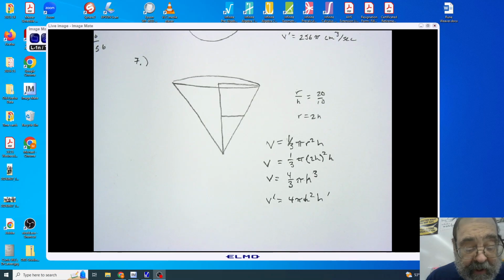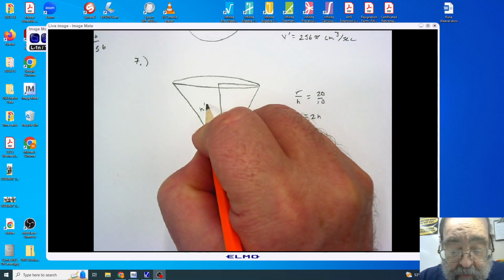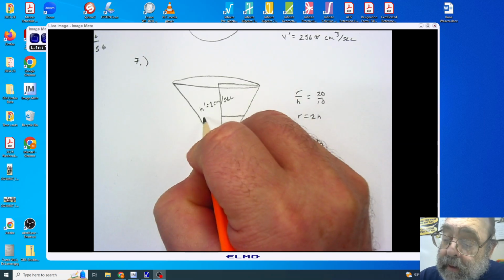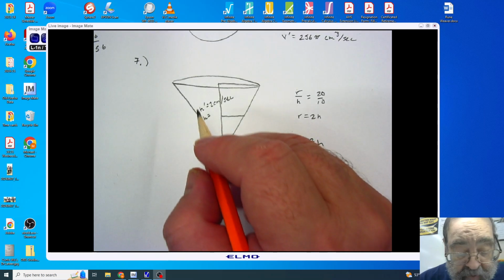They tell me that the cup is being filled at a rate so that the water is rising at a level. So that's my h prime. That's 2 centimeters per second. And my height here is a level of 2 centimeters.